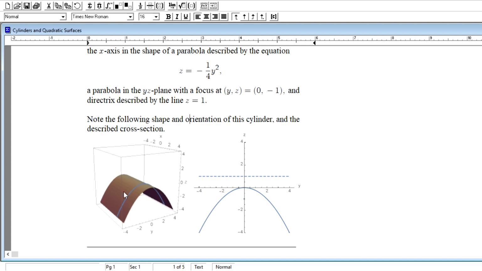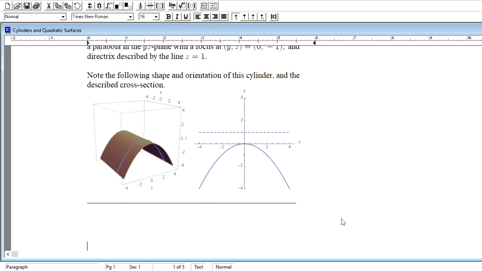This surface is forming in space here, running parallel to this x-axis. It's a surface that only depends upon the values of y and the values of z. X can be any value, and you're going to see the exact same cross section at that value of x. That's going to be this cross section seen here.